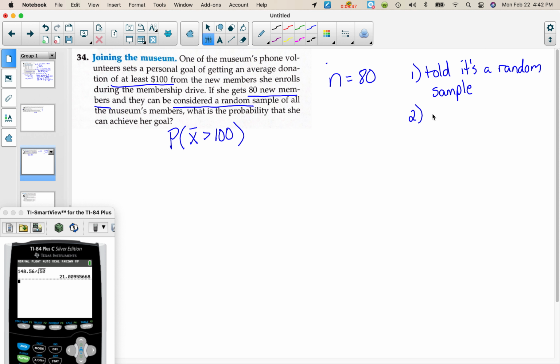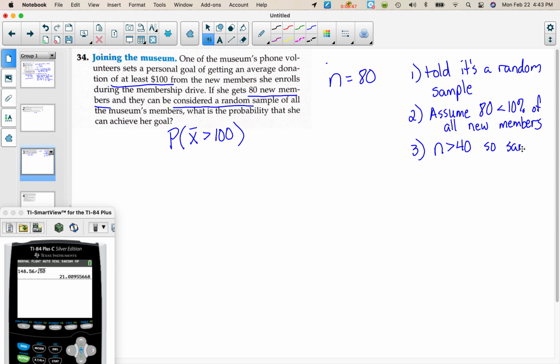Our 10% rule, so we are going to assume that 80 is less than 10% of all new members, you know, over a period of time, the different members. And our third thing we should mention is n is greater than 40.